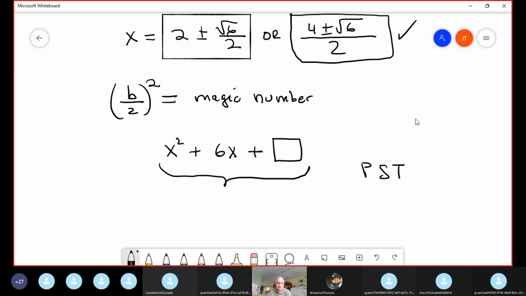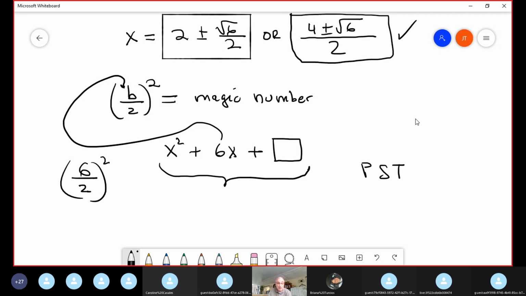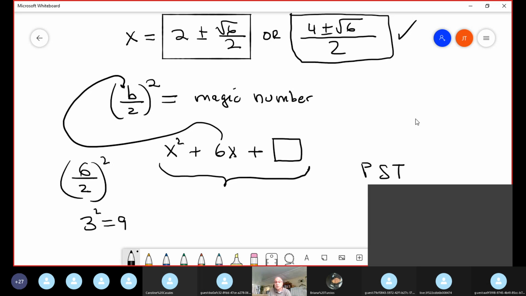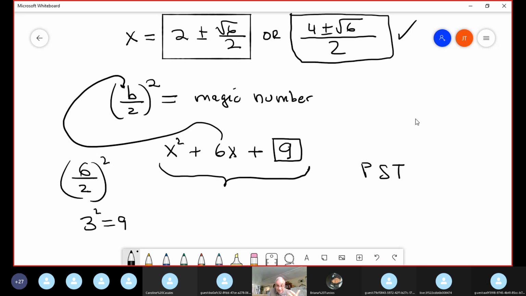So you take 6 as b. 6 divided by 2 is 3. Squared is 9. So this magic number, you have to introduce artificially as 9. And when you do this, amazingly, this trinomial becomes x plus 3 squared.